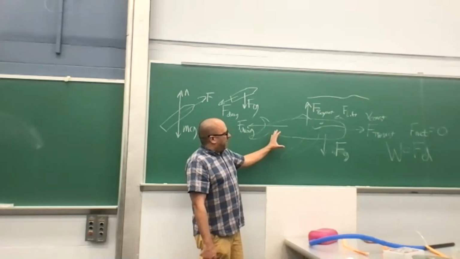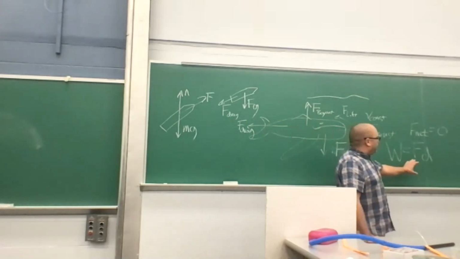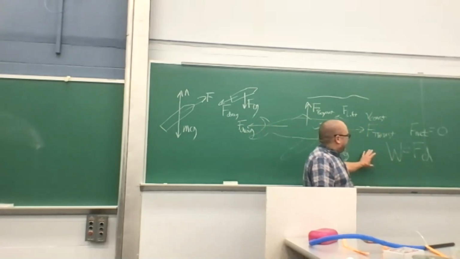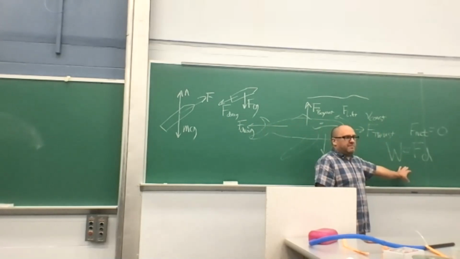Now, for a whale, it's got to supply at least this much energy to keep moving. But is this all the energy that we need? What about if you're running?